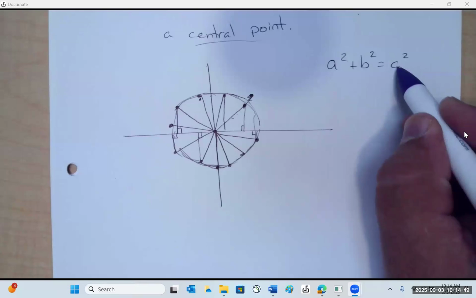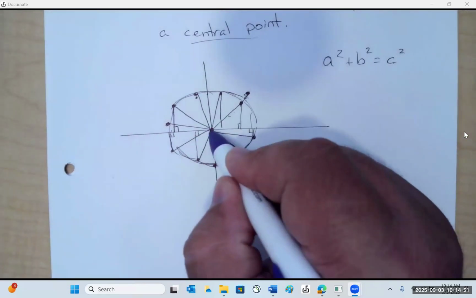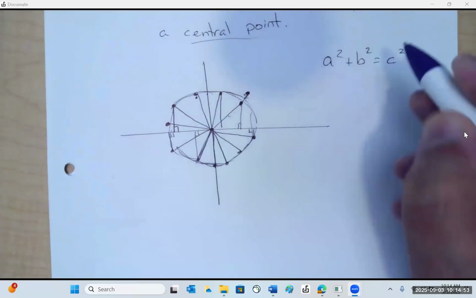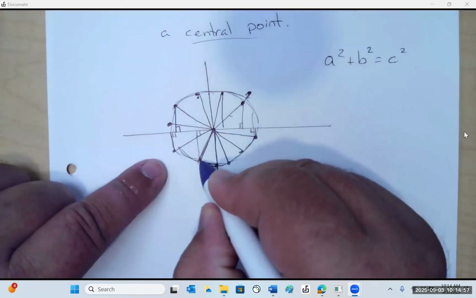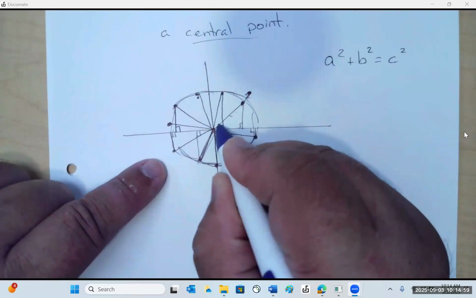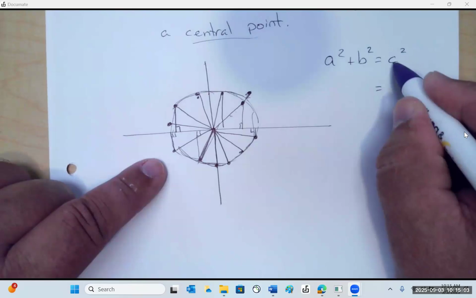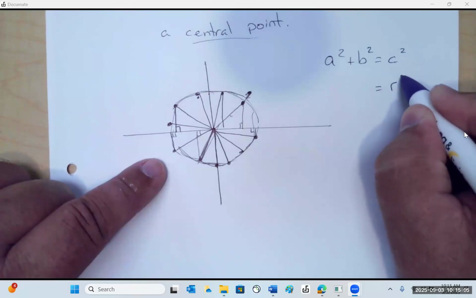Well, this C squared is the distance from the center to the point. So what do you call the distance from the center to the circle? Radius. So now, instead of a distance, it's now called the radius.